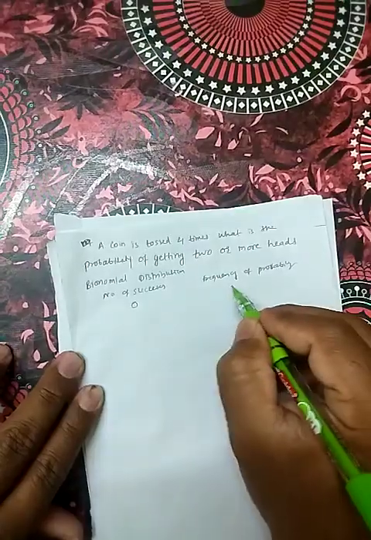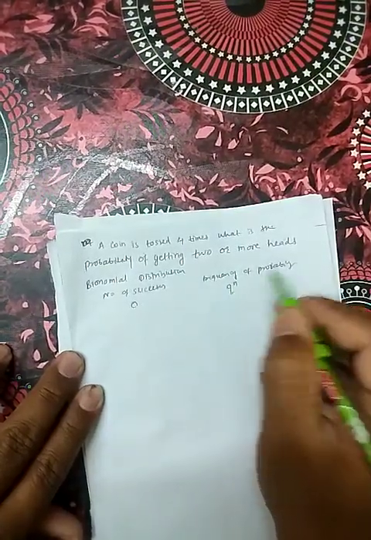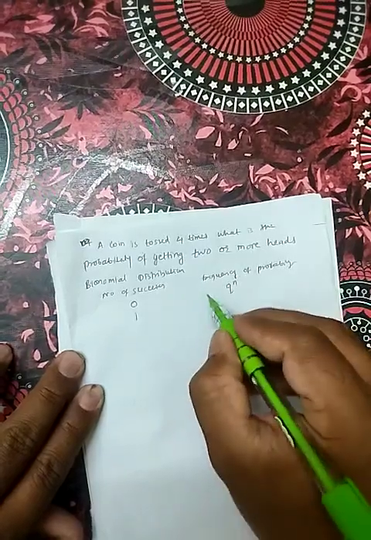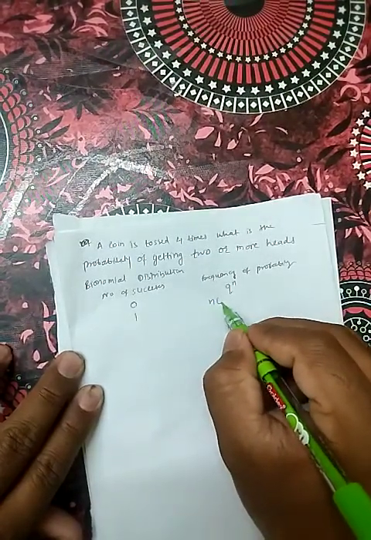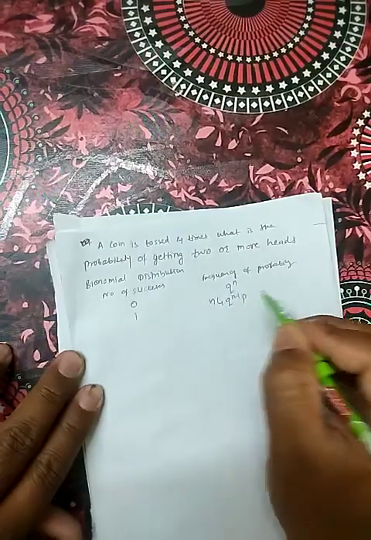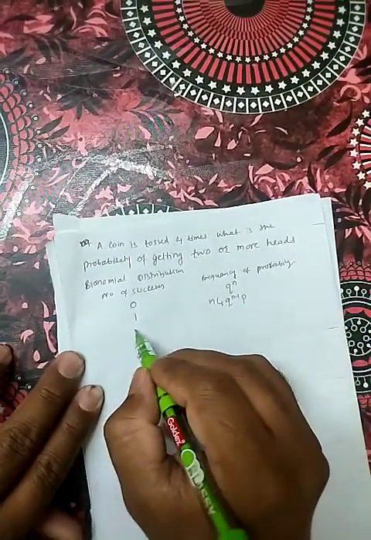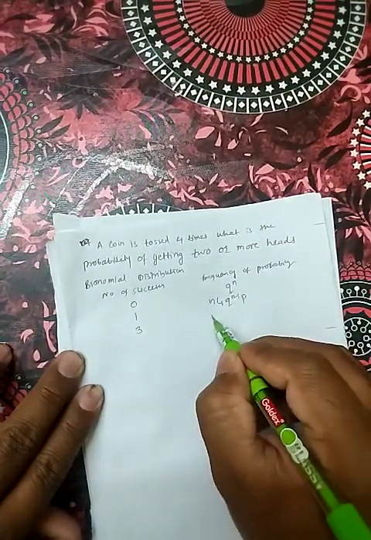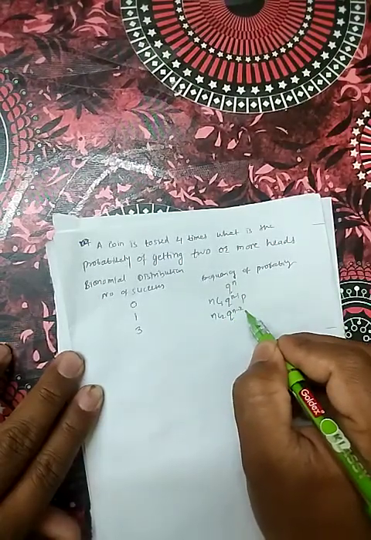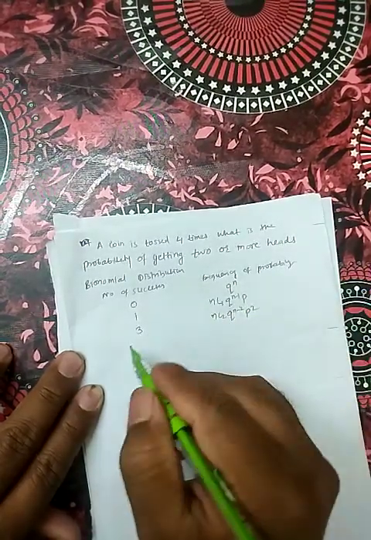For zero success, probability is q raised to n. For one success, probability is nc1 q raised to n minus 1 into p. For two successes, nc2 q raised to n minus 2 p square.